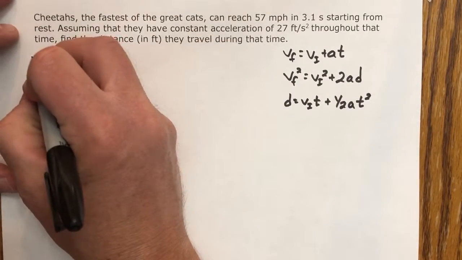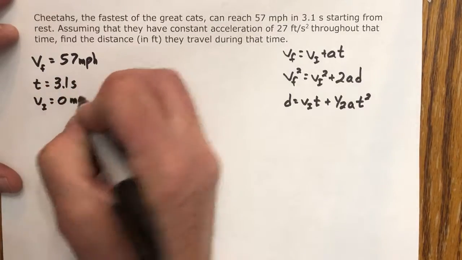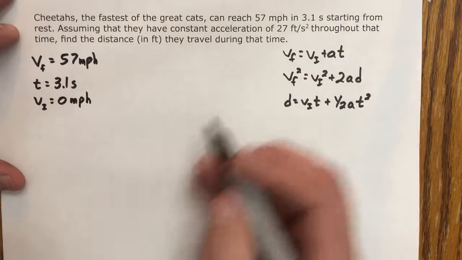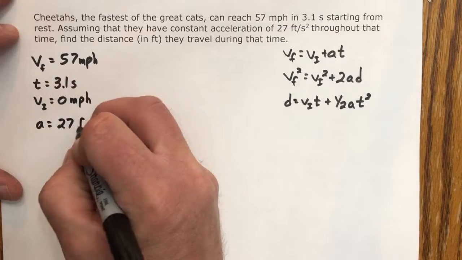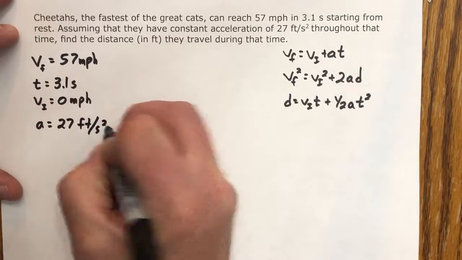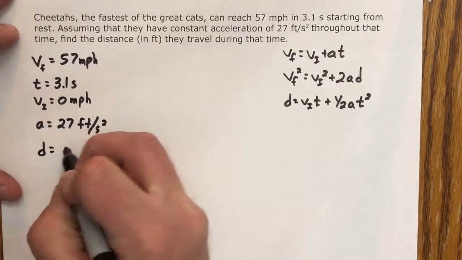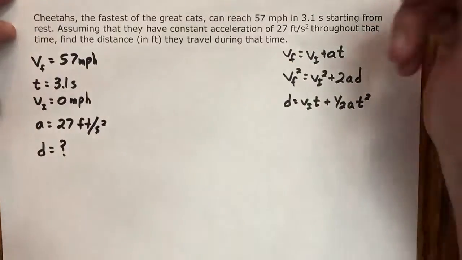So this is obviously the final velocity, and the initial velocity where he starts is 0 miles per hour. Assuming that they have constant acceleration is 27 feet per second squared. Throughout that time, find the distance. So we're trying to find displacement or distance in feet they travel during that time.